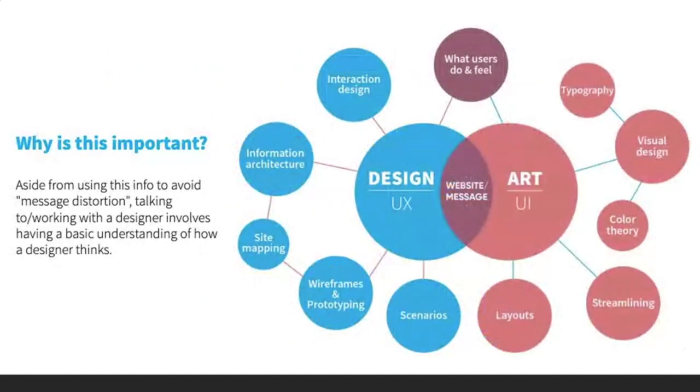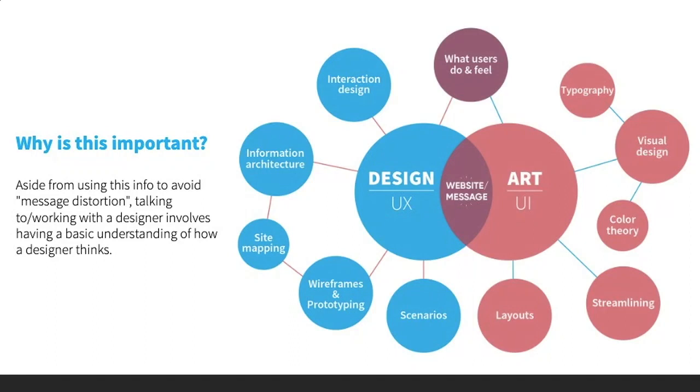So now you have a pretty good understanding of what message distortion is. It's important to understand because talking to a designer involves having a basic understanding of how a designer thinks, whether they are a UX designer or a UI designer. You can see there are choices that they make when it comes to delivering the message.